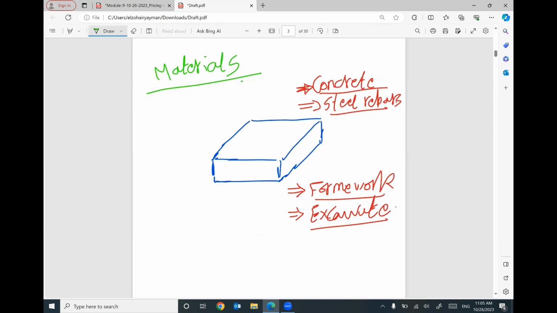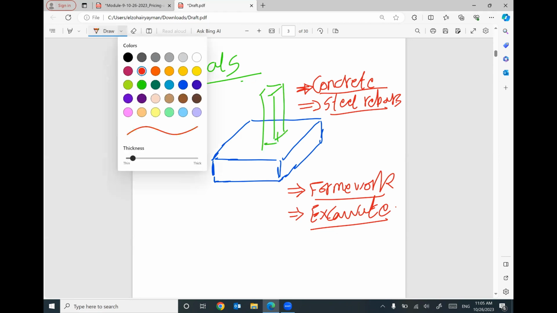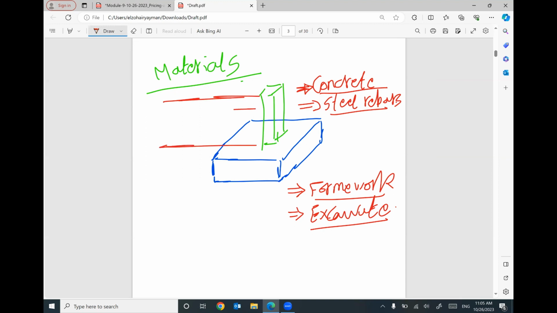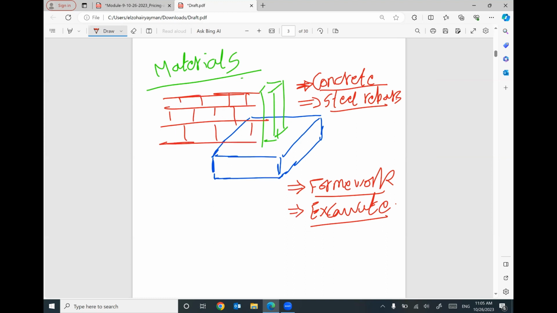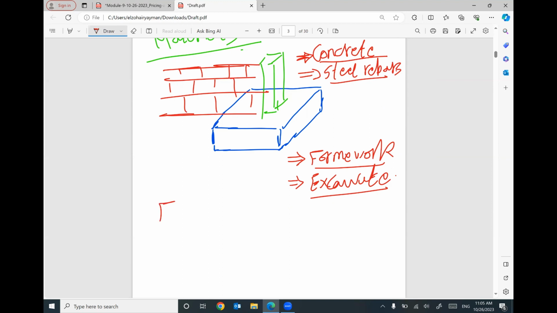If we have columns, if we have brick walls, if we have anything else, we can list all of these items.